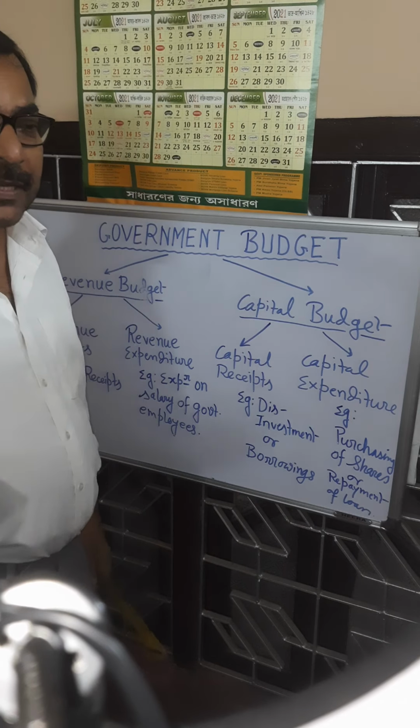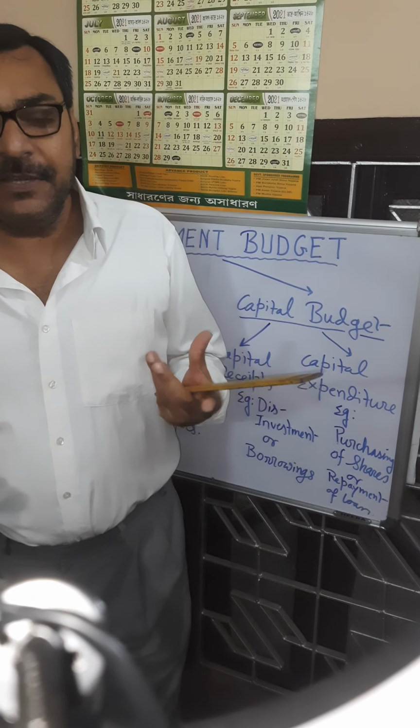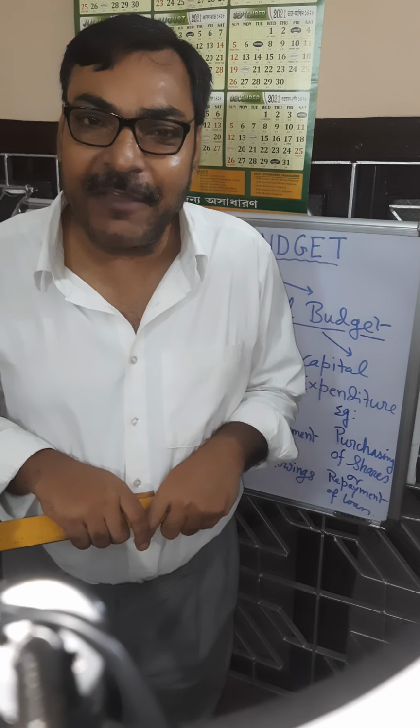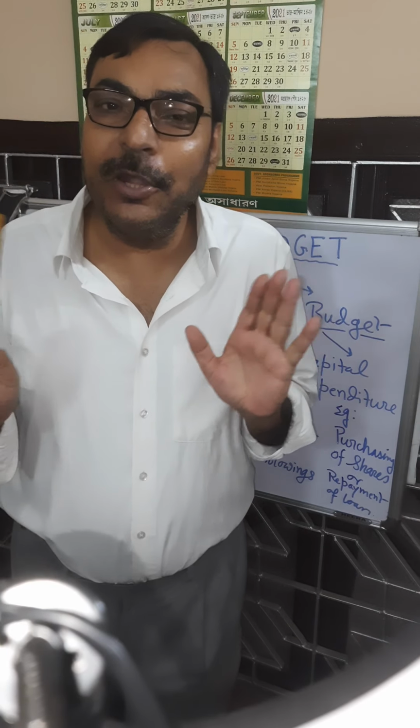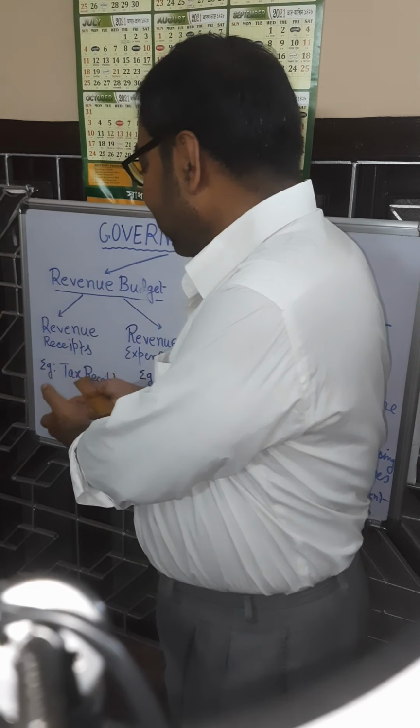Now take some other examples. Suppose profit earned by government enterprises. Is it a government receipt? Government companies are earning profit, but the asset liability condition is not affected. So it will not be a capital receipt, it will be a revenue receipt.